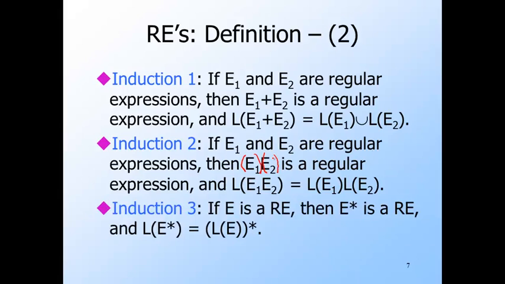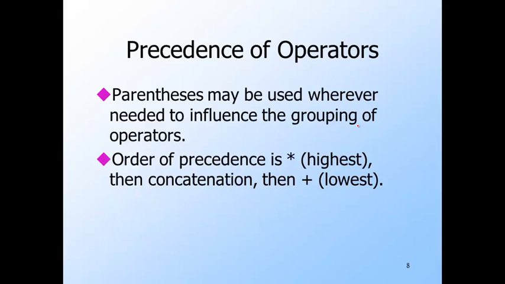The third part is the star operator. If we follow a regular expression E by a star, then the language we denote is the Kleene closure of the language that E denotes. Again, in some circumstances it is necessary to put parentheses around the E to make sure the operators inside the expression E group properly, like that. As with other algebras, we can and must use parentheses to force the intended order for operations.